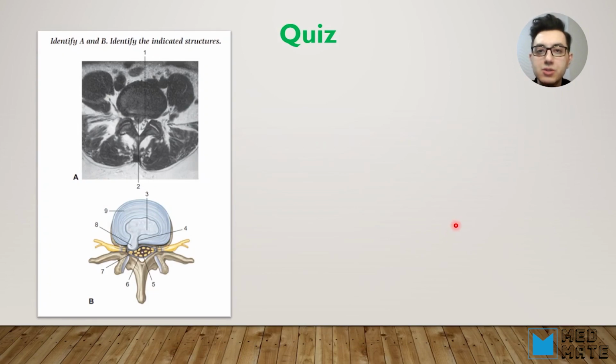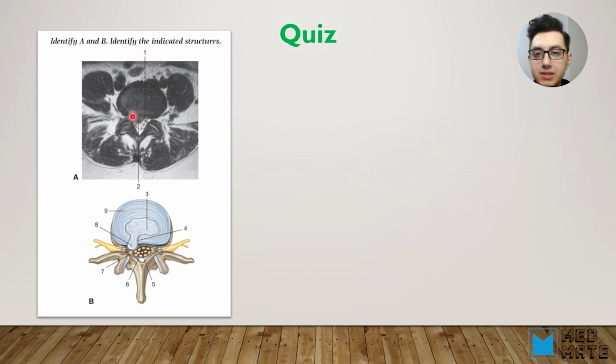All right, let's do some more quizzes. Here you can see a clinical relevance of the topic you're studying. Identify A and B. Identify the indicated structure. Here you can see a CT scan of a vertebra. What do you think number 1 can be?